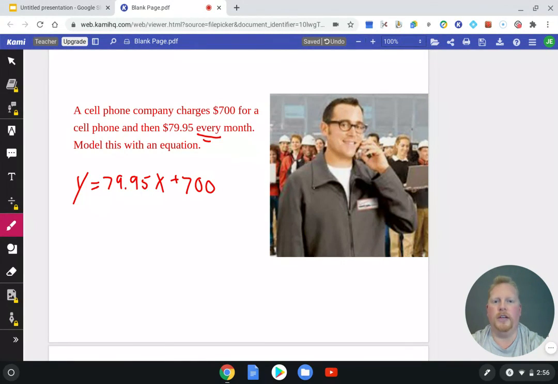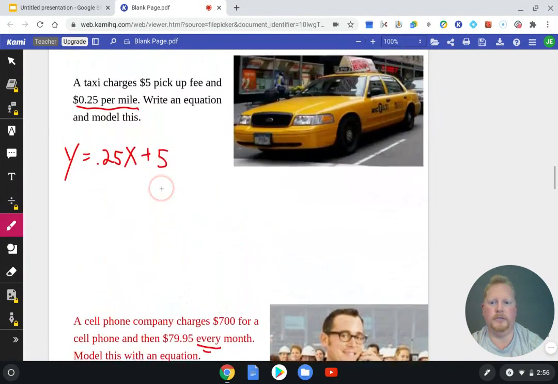Now you may ask yourself, okay, so what's the purpose of writing the equation? Well, now we can use that equation to predict things. Like, if I'm going to keep this phone for 10 months, how much is it going to cost me? Well, where do I plug that 10 in? Well, since it says $79.95 every month, that's what x represents, is the number of months.